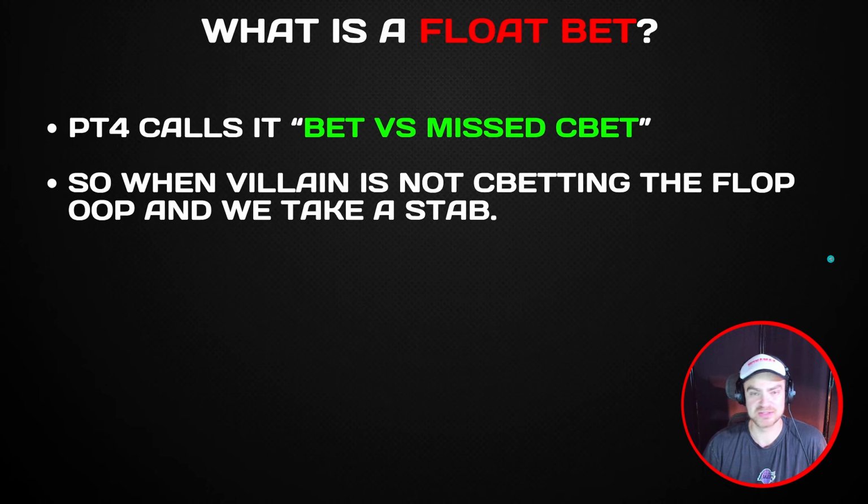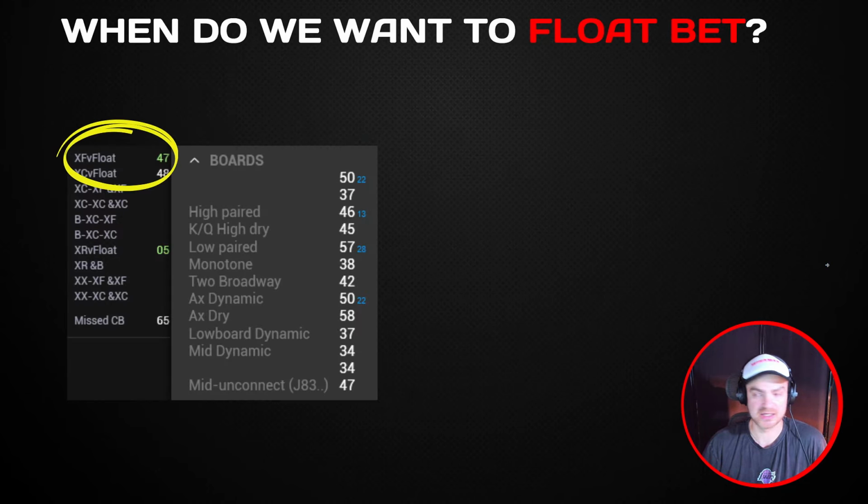Now that we defined what a float bet is, we can go and analyze our opponents to define when we actually want to do a float bet. I marked the overall check fold versus float bet, and it's 47% in a limp pot.